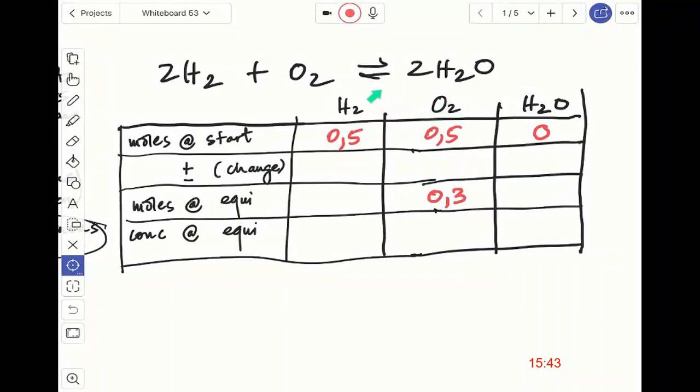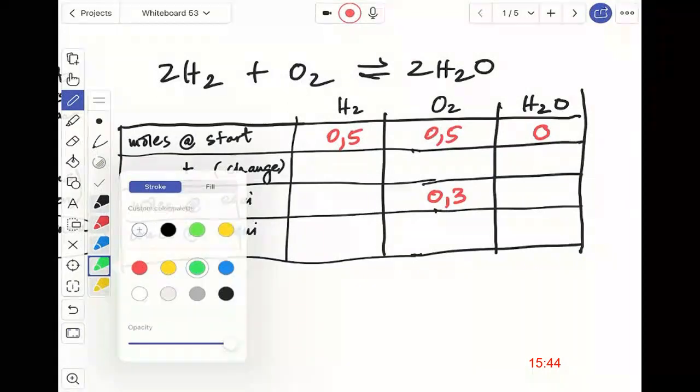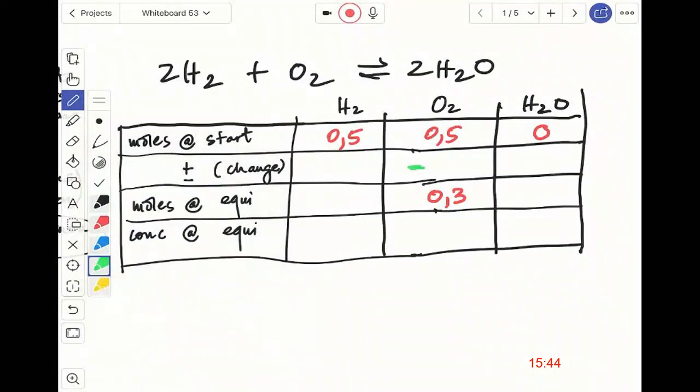Oxygen is a reactant. So I used oxygen. So in green, I must have used 0.2 moles. Because I had 0.5, I used 0.2, I now have 0.3 left over.